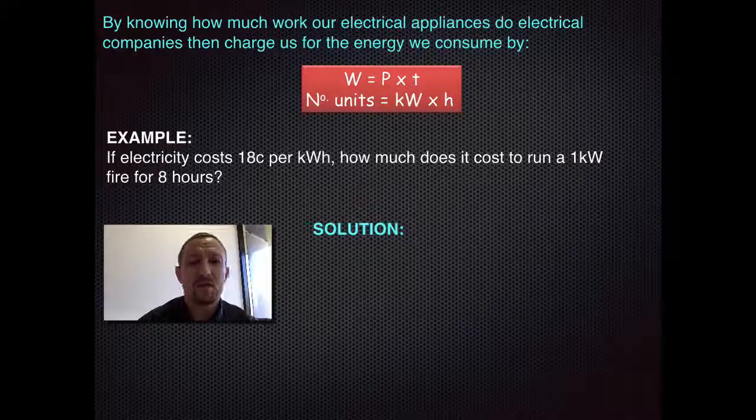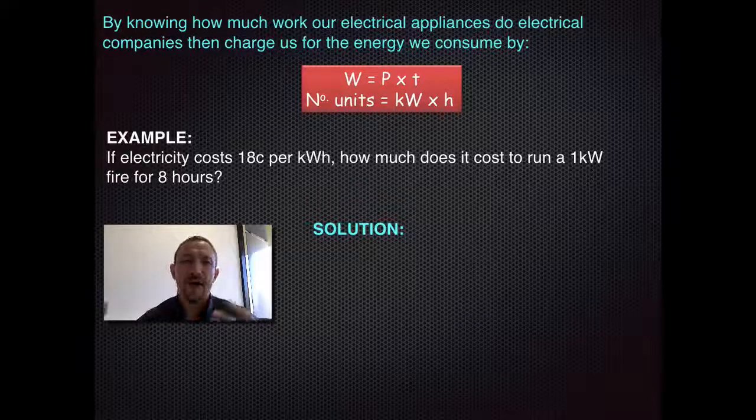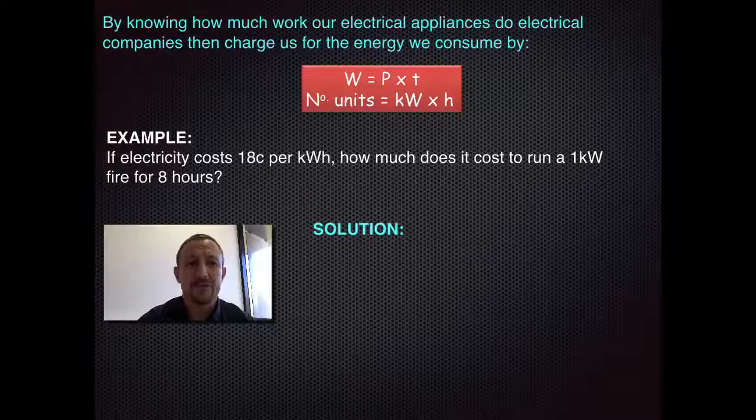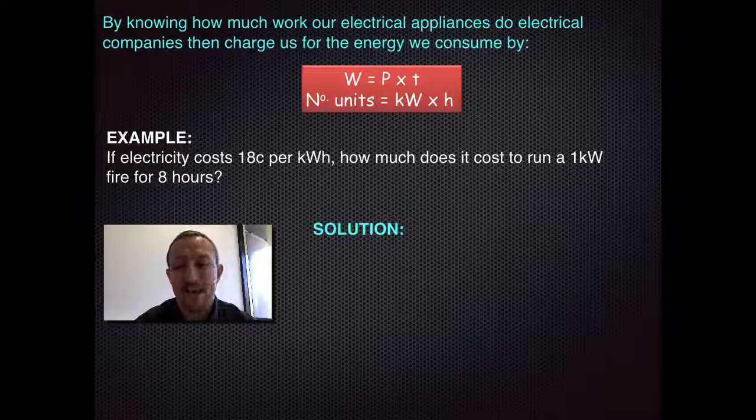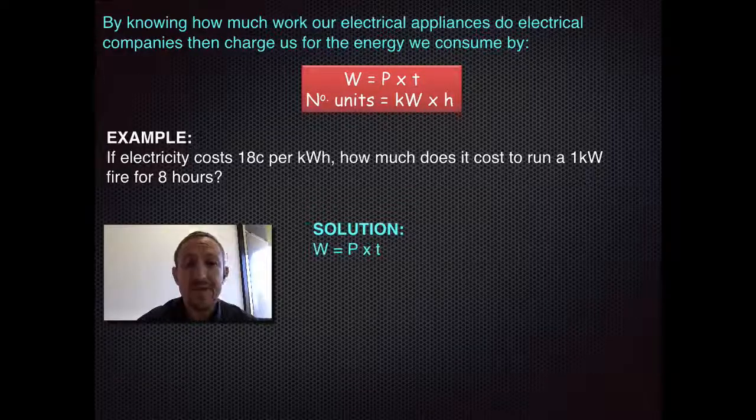So here's an example where we can utilize cost and amount of power that we utilize as it goes through our house. If electricity costs 18 cents per kilowatt hour, how much does it cost to run a 1 kilowatt fire for 8 hours? So remember, we've got a fire which is giving out 1 kilowatt and it's been running for 8 hours. So it's fairly straightforward.